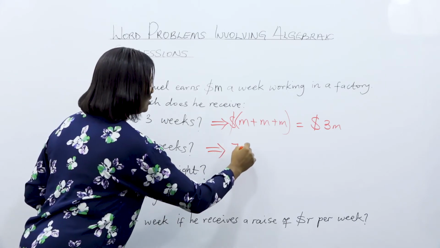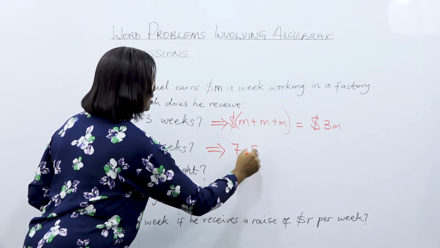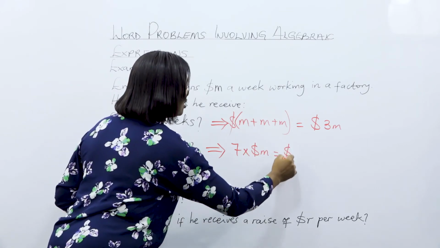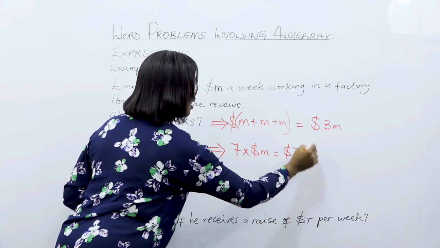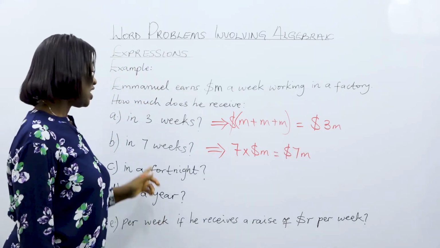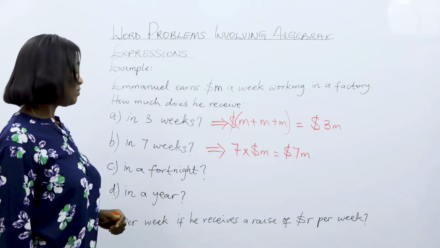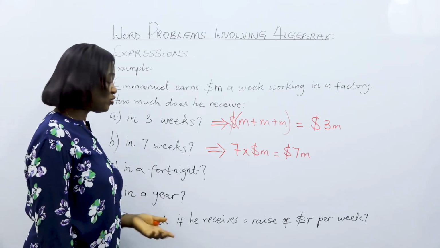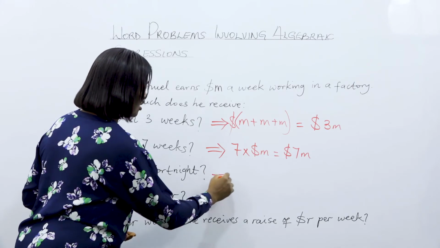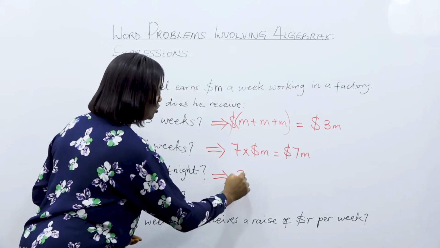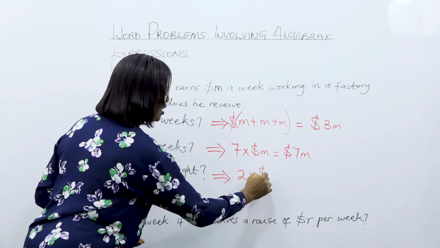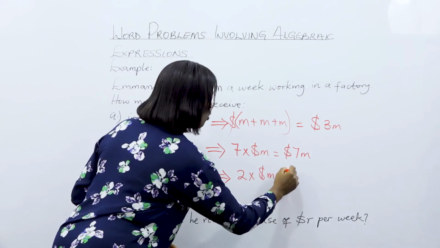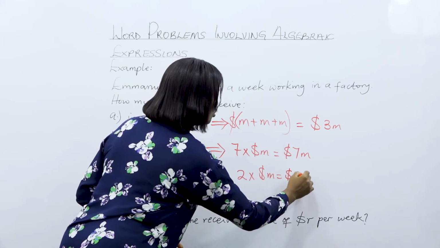So we get 7 times $M, and that will give us $7M in 7 weeks. In a fortnight, which is 2 weeks, that will be 2 times $M, and that will be equal to $2M.